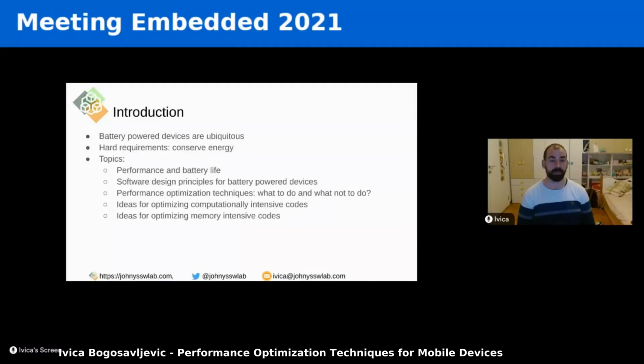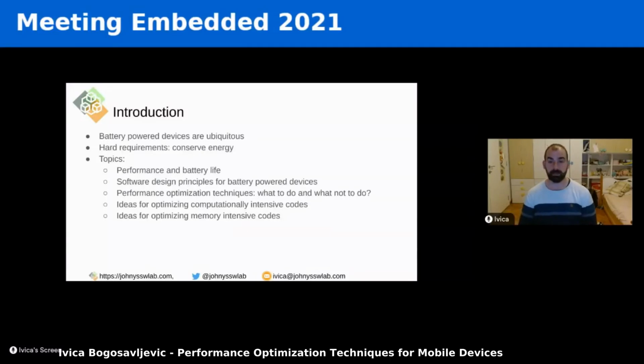And the topics of today, there are altogether five topics that we will cover. The first one is how battery life and performance are connected, how they work, how they appear together. Next thing, we'll talk about software design principles for battery powered devices. Some things are a bit different when you're running on battery.